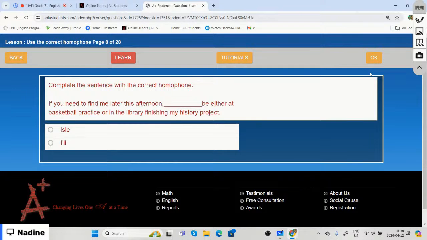And if you need to find me later this afternoon, I'll be either at the basketball practice or in the library finishing my history project. So aisle, it's either going to be aisle, that you walk down the aisles when you're at the grocery store, ISLE, or I'll, I apostrophe double L, meaning I will.